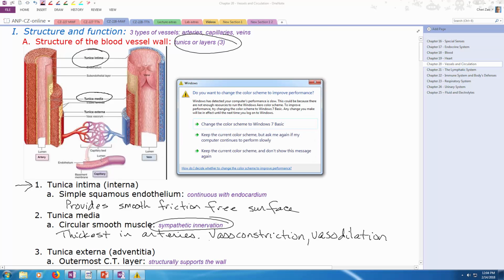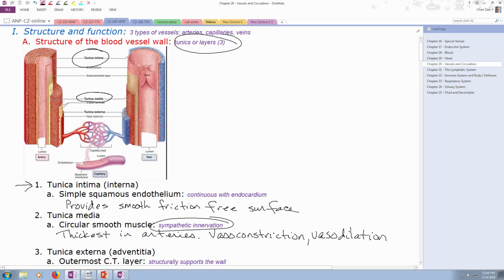When we're under duress, we'll have vasoconstriction to certain tissue beds, but we will have vasodilation to others. But at this time, I want you just to think about sympathetic activity causing vasoconstriction when it's increased and vasodilation when it's decreased in a general situation. So that's the tunica media.